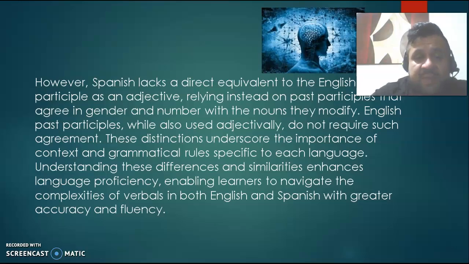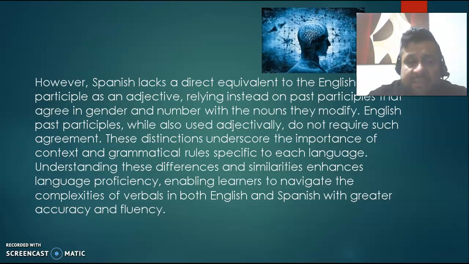However, Spanish lacks a direct equivalent to the English present participle as an adjective, relying instead on past participles that agree in gender and number with the nouns they modify. English past participles, while also used adjectivally, do not require such agreement.